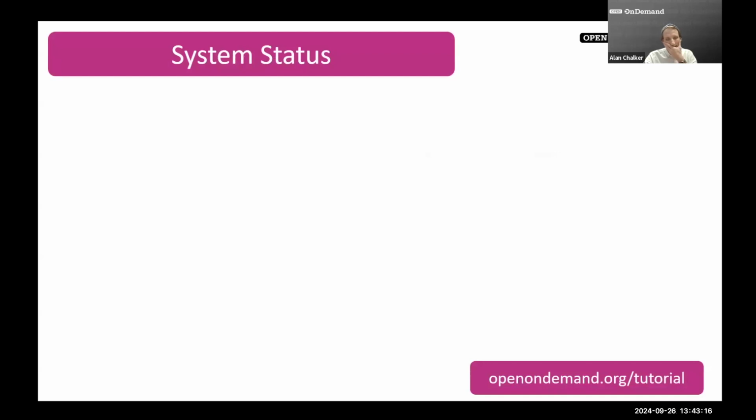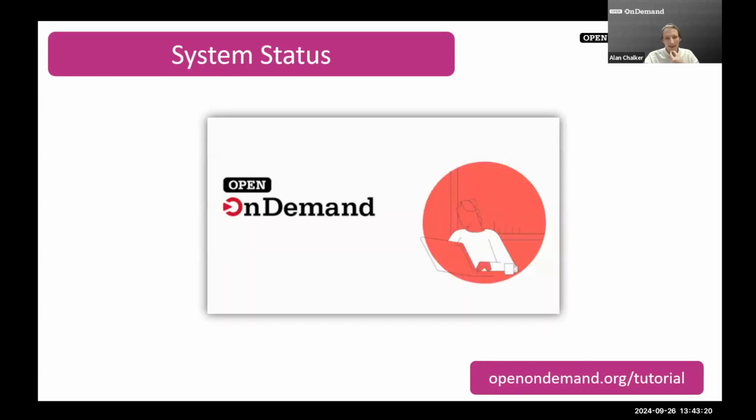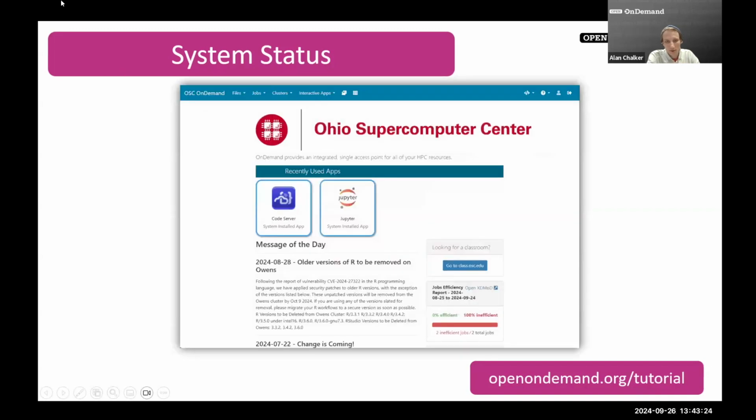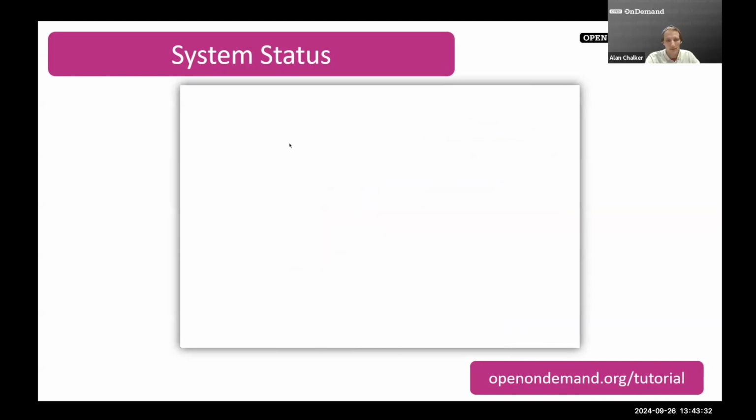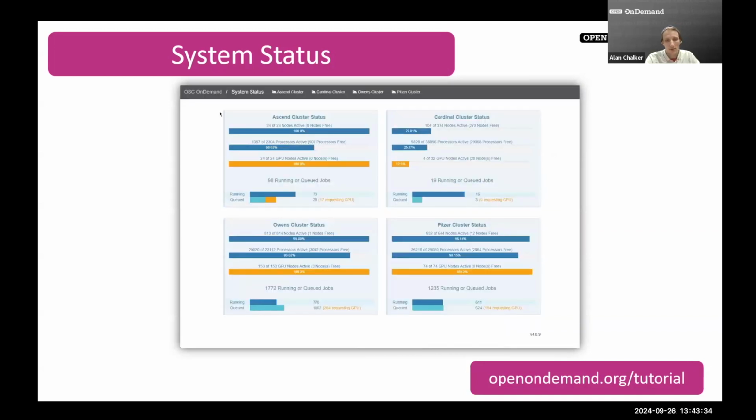So here's another example that OSC has done, called system status. At OSC, we use Grafana to aggregate and make graphs out of the data we collect from our clusters. So we added a page called system status that links to this dashboard with our clusters and some Grafana data. And when you click into any of the clusters, it's a link to more Grafana info.